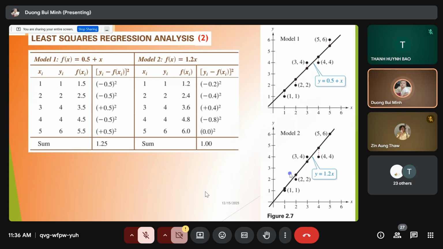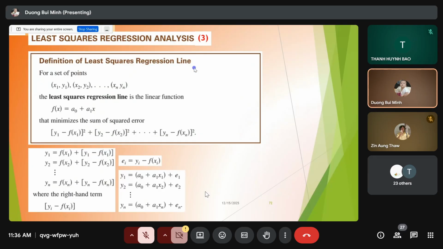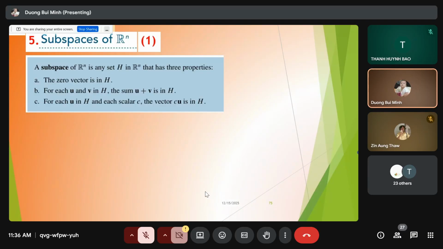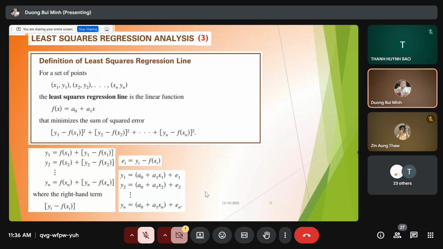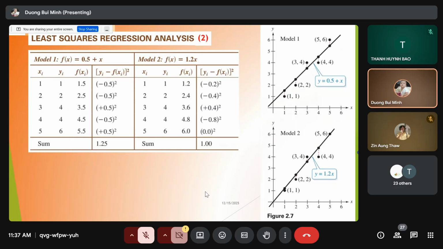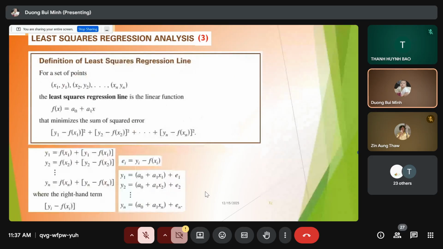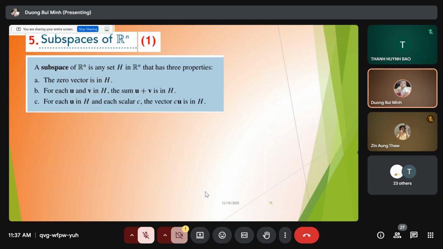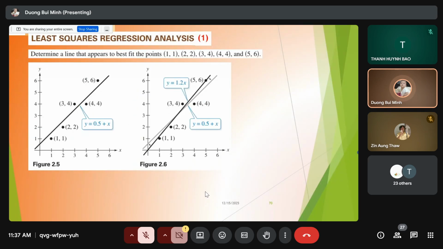So here we have some application of linear algebra. I'm just introducing it to you, and I remember we have another lecture to discuss this.